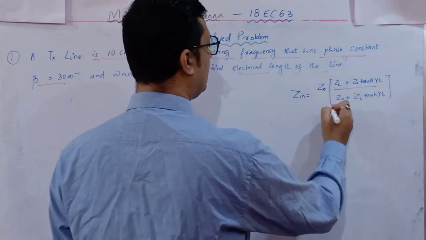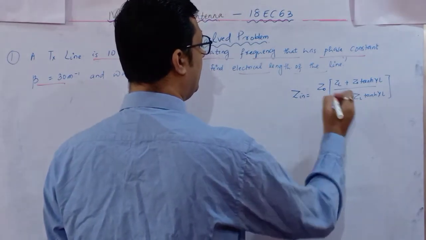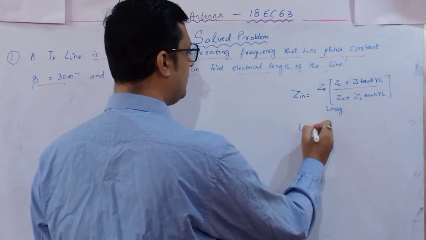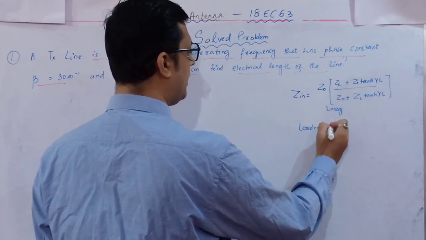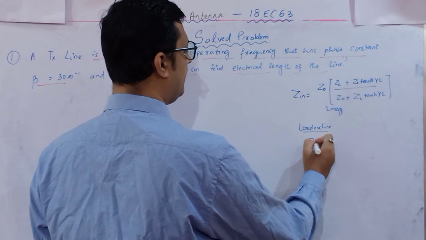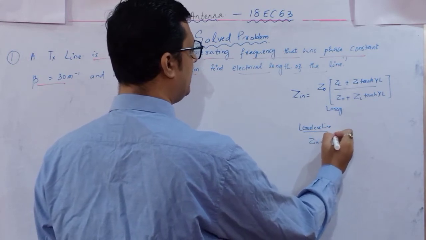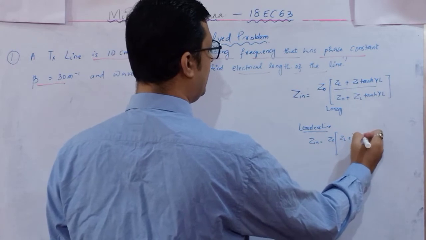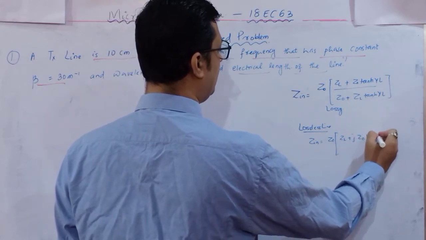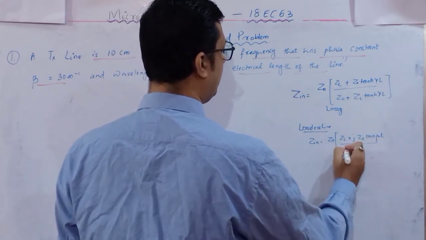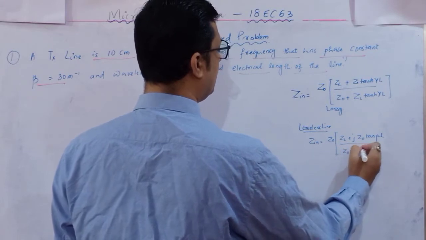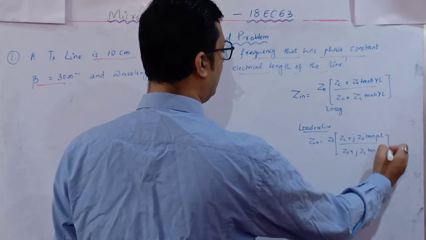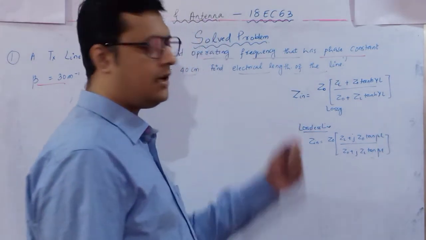This is for the lossy case, okay. But if it is considered for a lossless line, then our input impedance reduces to Z0 times (ZL plus jZ0 tan beta L) divided by (Z0 plus jZL tan beta L). Okay, so like this we can represent.